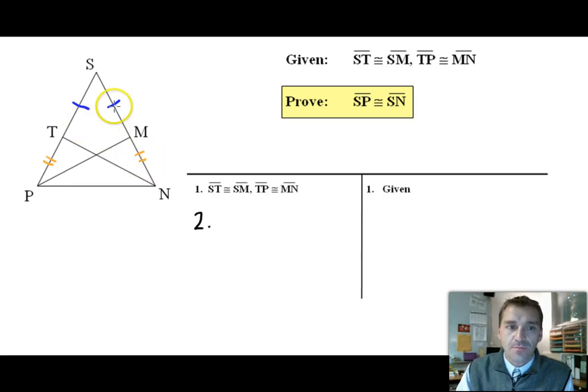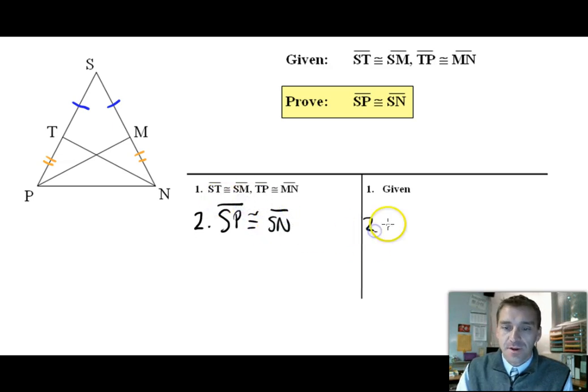I start with 100 pounds, congruent, congruent. I add 25 on the right, 25 on the left. That makes a bigger thing that's congruent to another bigger thing. So that means my conclusion would be what I'm trying to prove. SP is congruent to SN. Bam. And here is my reason.